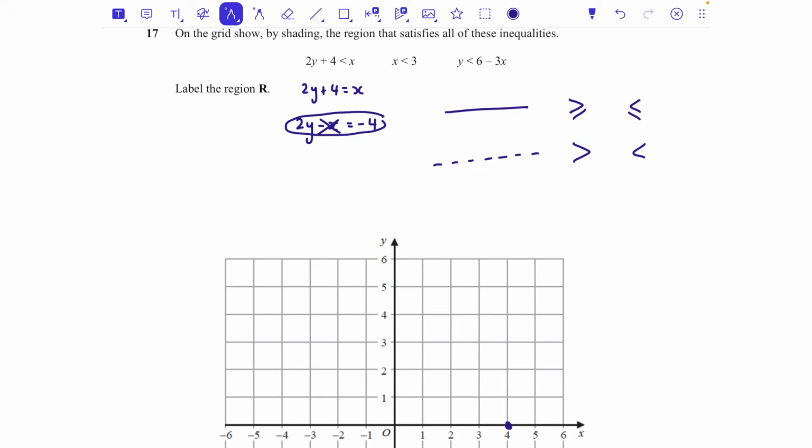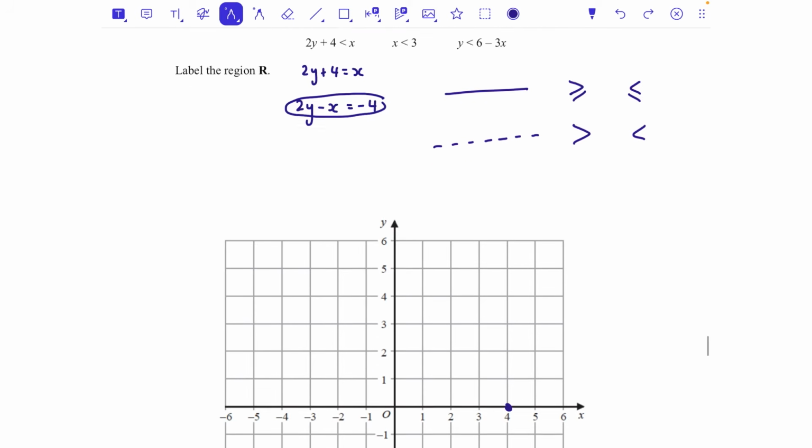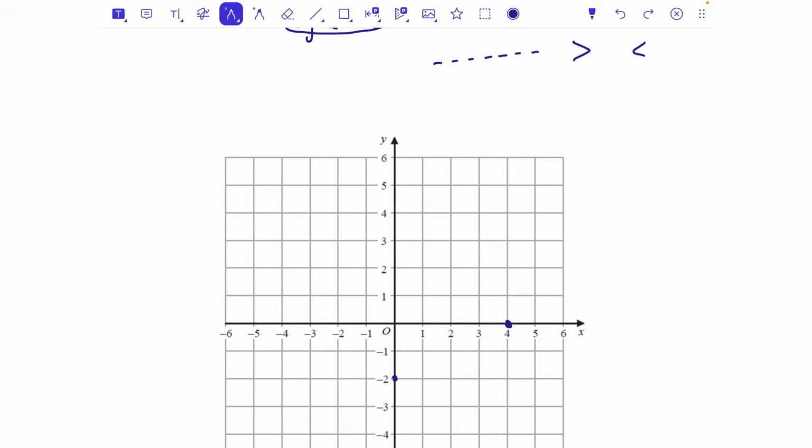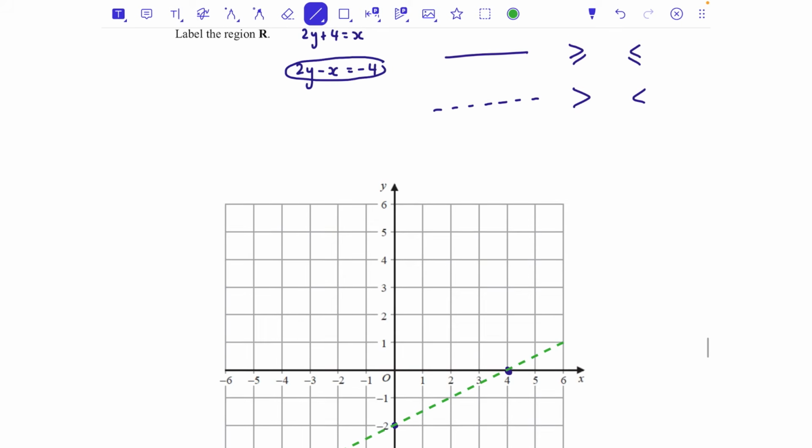And if I make x equal 0, that would be 0. 2y would equal minus 4, so y would equal minus 2. So you're just solving the part of the equation that you've got there. And there you go. Once you've got 2 points, you can then join them up with a dotted line like that. There we go. So that's that equation.